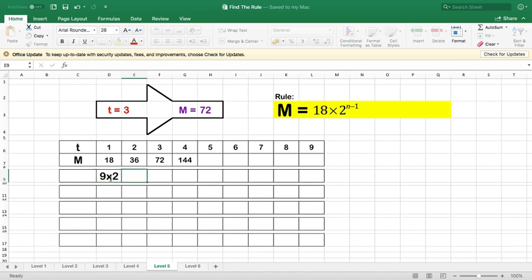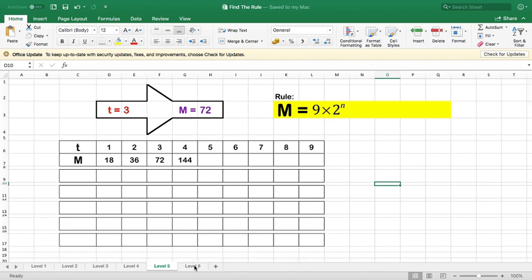I can think of the second one as being 9 times 2 squared, 9 times 2 times 2. I can think of the third one as being times another 2 again. So 9 times 2 times 2 times 2, or 9 times 2 cubed. So that generally speaking, another way of writing the rule is a slightly simpler 9 times 2 to the power of n.